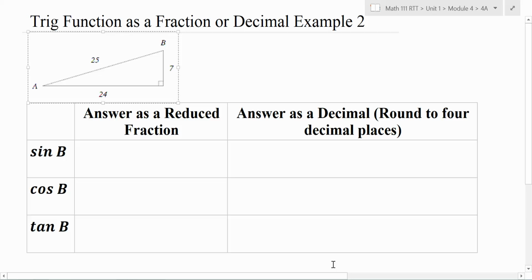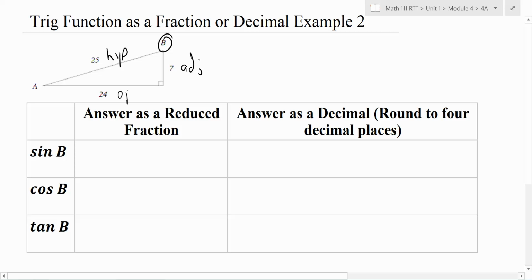Let's go ahead and look at this second example. Now, for this second example here, it's moving around. There we go. For this second example, I want you to notice that the angle in question this time is angle B. So if we circle angle B, the hypotenuse is still always across the 90-degree angle, and the adjacent is the one that is touching the angle we're using.